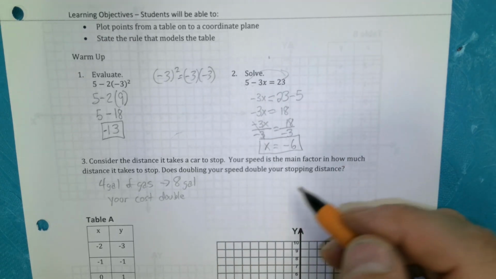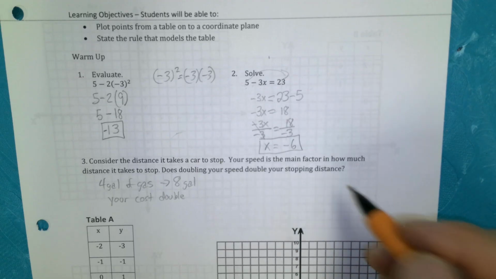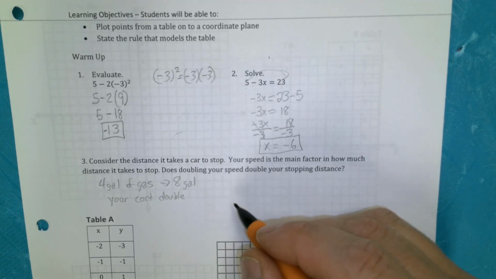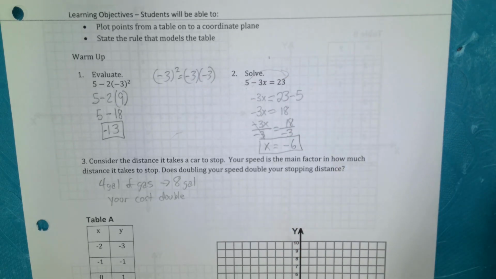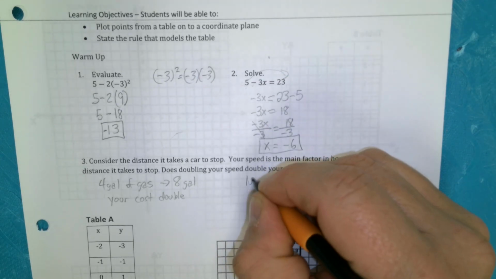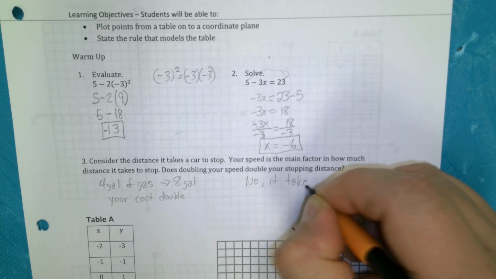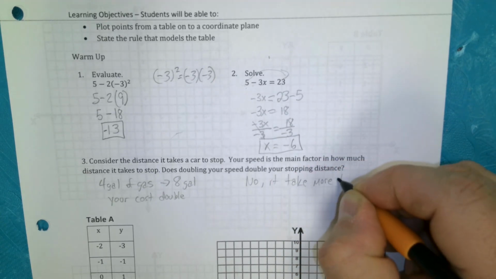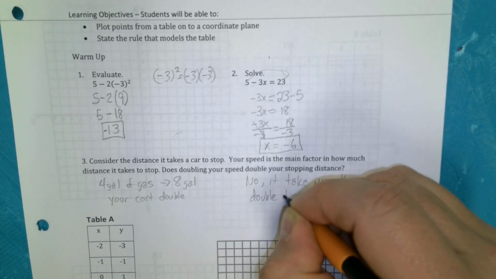They take cars and drive them at a certain speed, slam on the brakes, and measure the skid marks. Then they double the speed and measure those skid marks. And they're definitely longer than twice as much. So in this case, no, it takes more than double the distance.